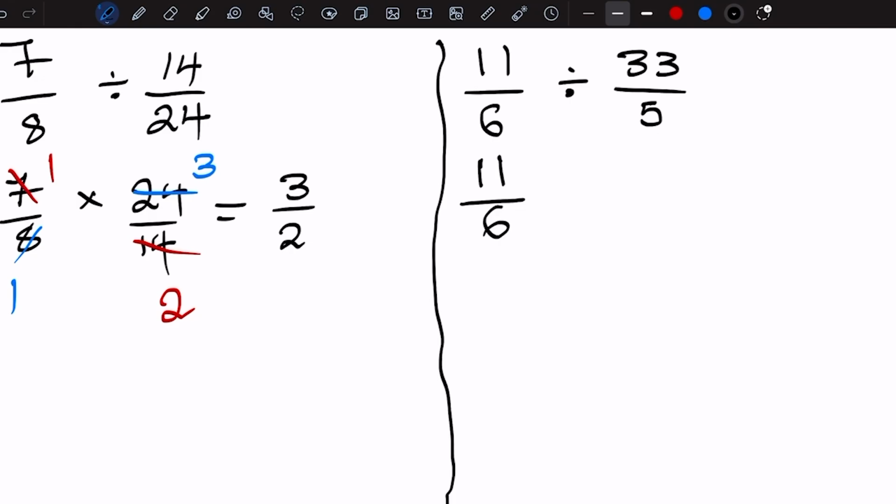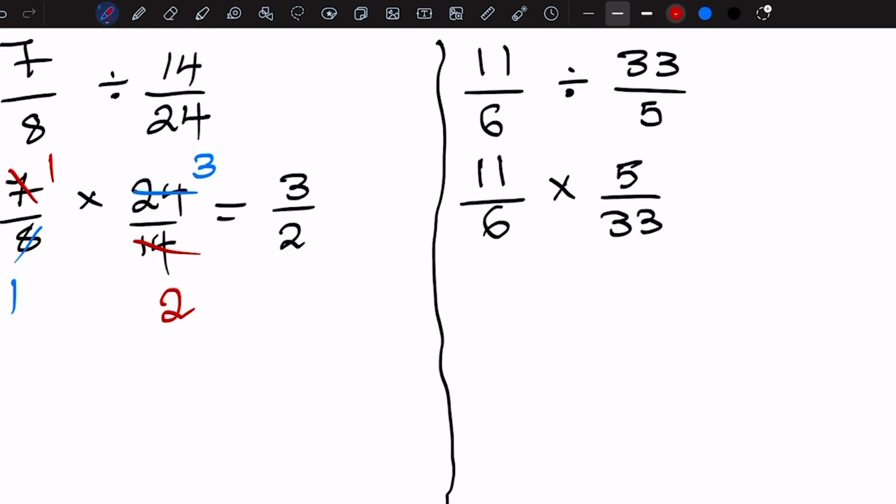Change the sign. And then find the reciprocal, which is basically flipping it. So that's just flipping it. We'll look to see if anything can be simplified. We see that we can't do anything with the 6 and the 5. So we'll try the 11 and the 33. Yes, we know that can be simplified.